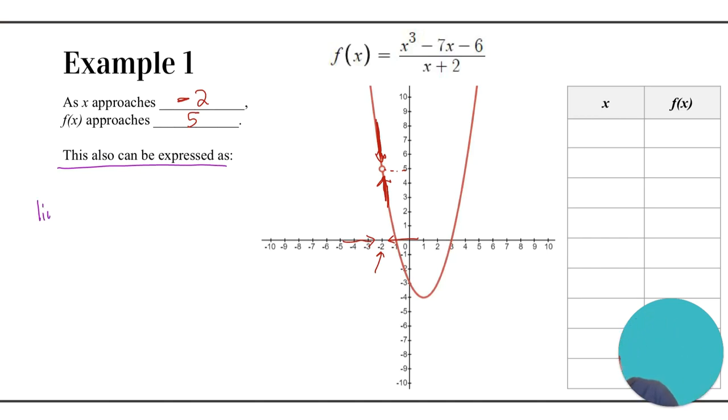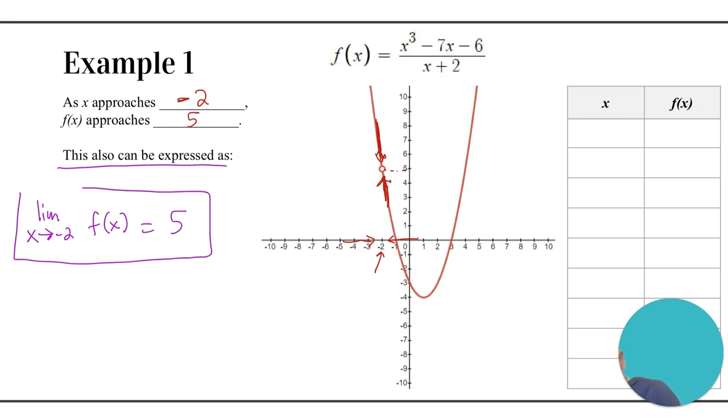One way is to say that the limit as x heads towards -2 of the function f of x equals 5, right? That would be one way to express the limit that we have right here. Another way that's equivalent is to write this, and then just by replacement, instead of writing f of x right there, you can replace it with what f of x is equivalent to, which is of course the function x cubed minus 7x minus 6 all over x plus 2.